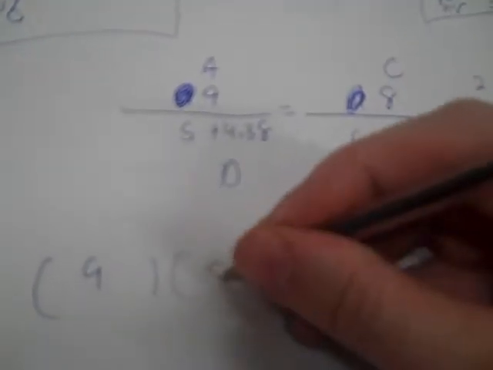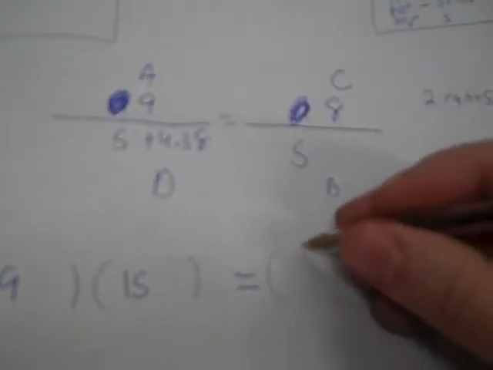Okay, and then there's two ratios, so I go A, B, C, D with that. And yeah, there's an easier way to solve this, but yeah. A is 9, and B is S, so 1S. C is 8, and D is 1S plus 4.38.